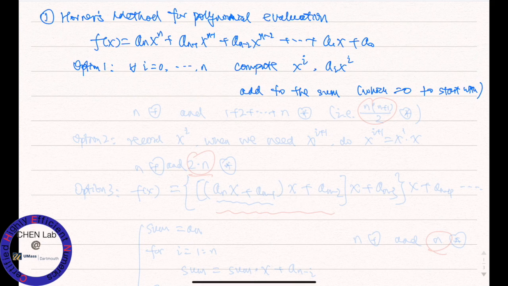A better option is that I record x to the i, so when we need x to the i plus 1, we just do x^{i+1} = x^i times x.